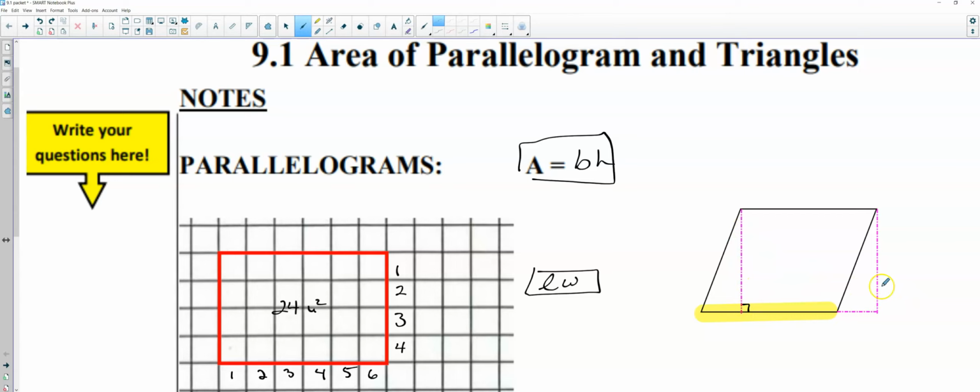It could be here, or you could extend the base and measure it from the outside of that parallelogram, and that's still perpendicular to the base. So how do you find the area? Well, it's the base times the height, which comes from the length times width that you learned in elementary school. Okay?